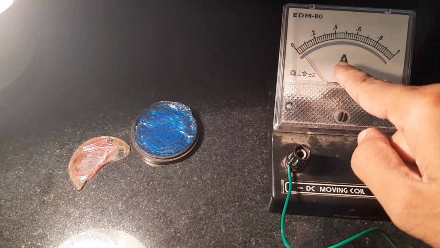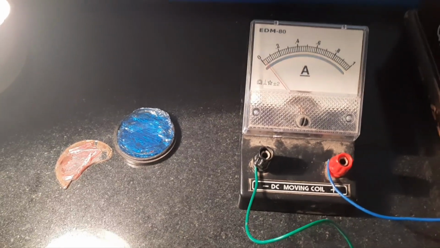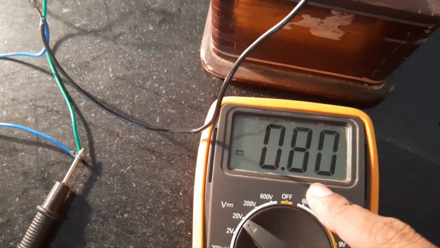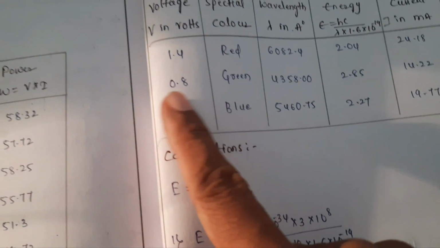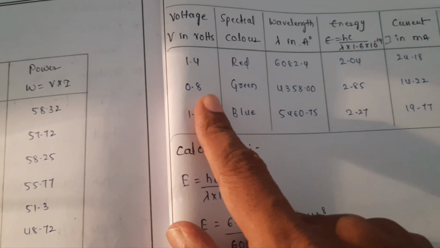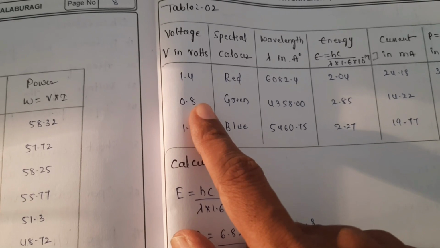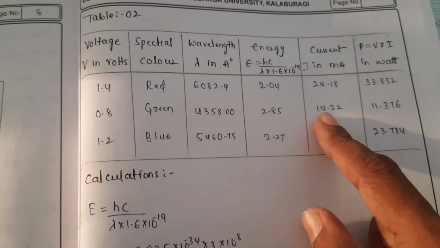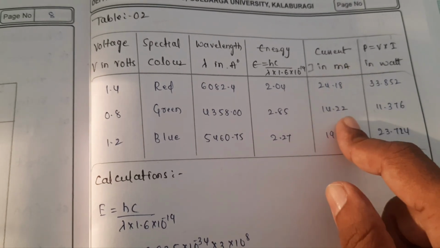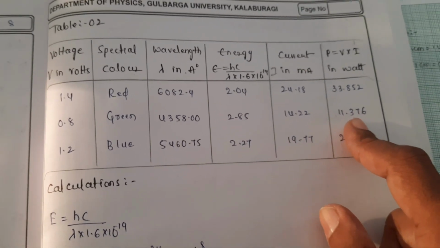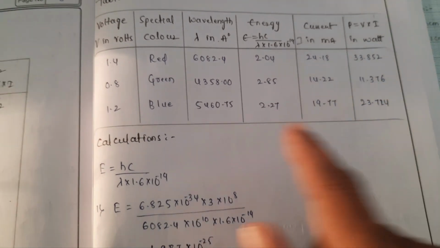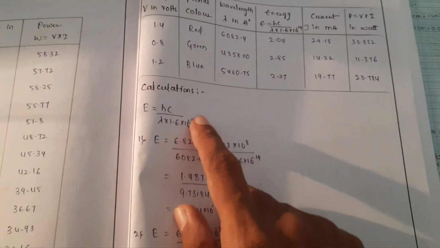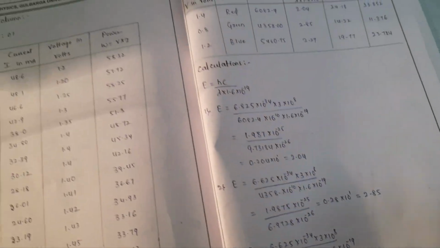In terms of milliampere, how much is it here, and voltage around 0.8. So for the green color they got 1.8 volts, and current 14.22 in terms of milliampere. So the corresponding power you can calculate. Like that repeat for red and blue color, and this is the calculation for energy.